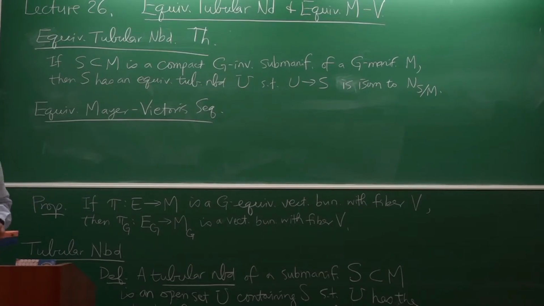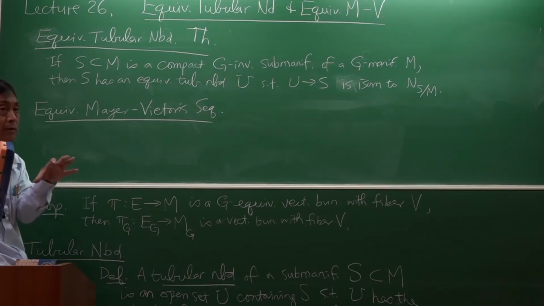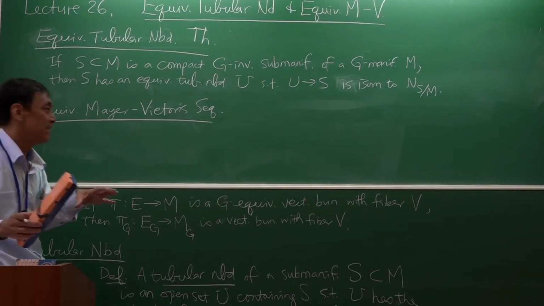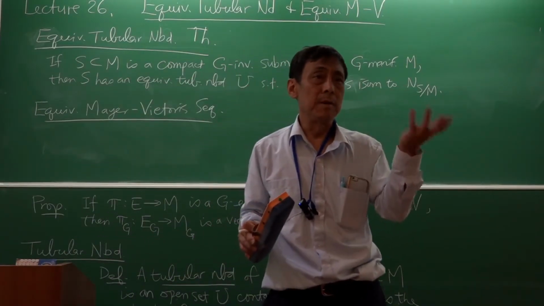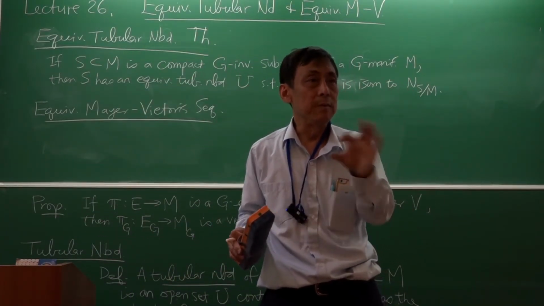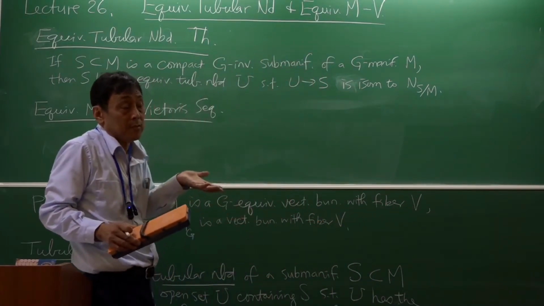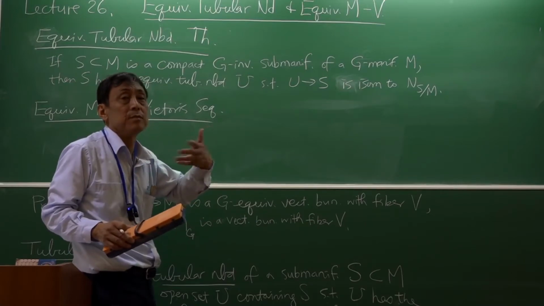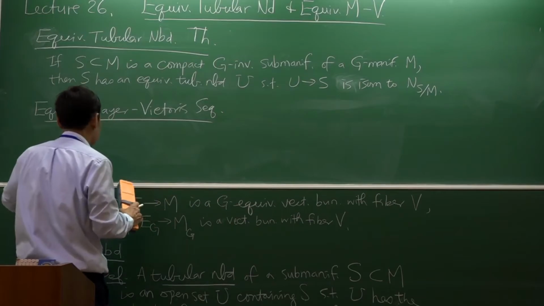Now, in the Mayer-Vietoris sequence, you have a manifold and you have an open cover with two open sets. And it relates the cohomology of the manifold, the two open sets, and the intersection. Right? Now, in the equivariant version, everything should be G invariant. Okay? The spaces should all be G invariant.